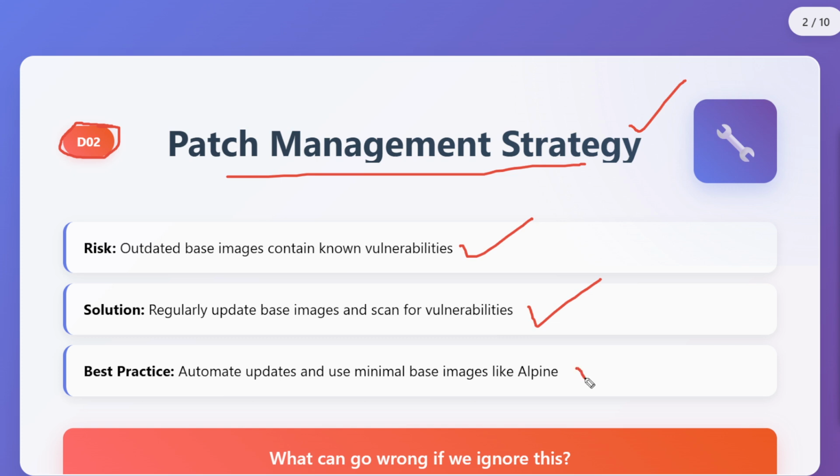Coming to the best practice, we need to automate the updates and use minimal base images like Alpine. Automation is key here.